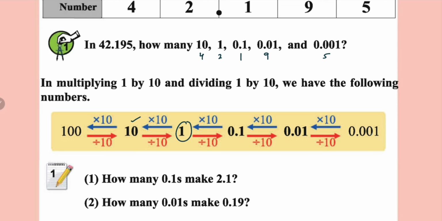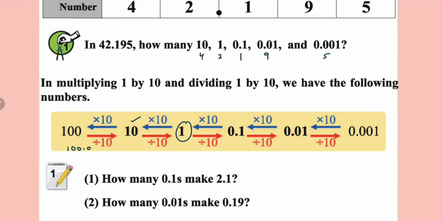So when you multiply a number by 10, the decimal point is shifting towards the right.